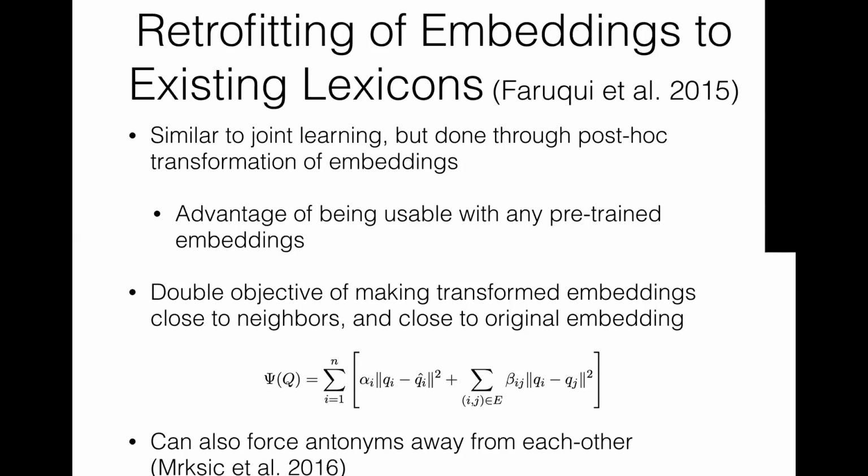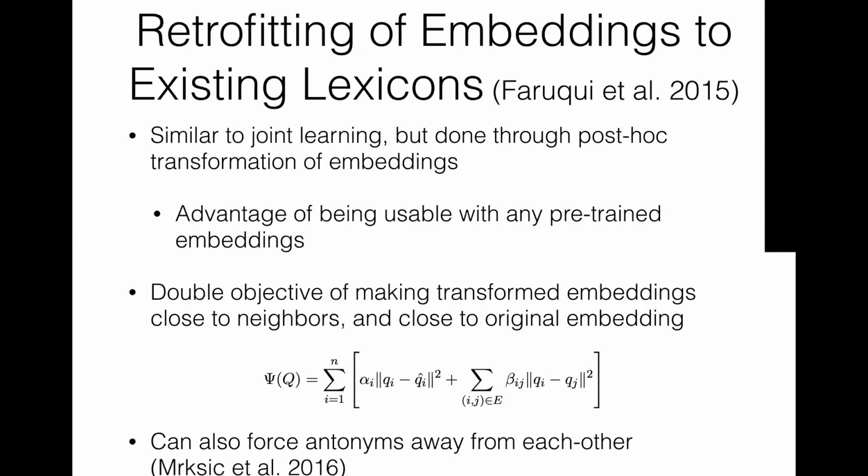If you see the objective function on the bottom of the slide, you see two terms. The first term is to reduce unnecessary movement of the word embedding as much as possible. So q_i is the original embedding, and q hat i is the new definition of the same embedding after adjustment. The distance between them should be smaller, so you don't want too much unnecessary post hoc calibration happening.